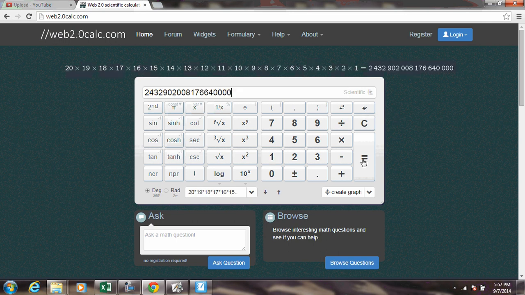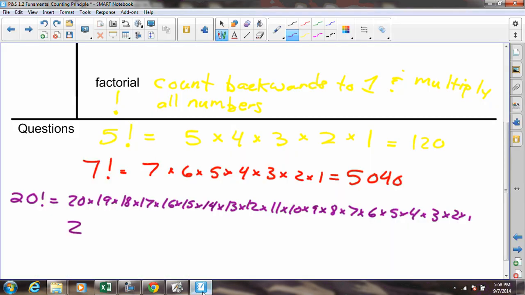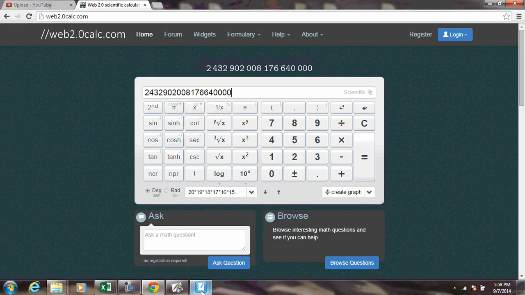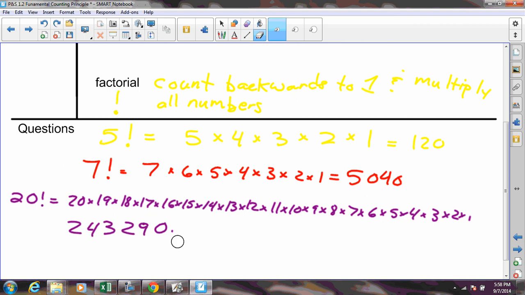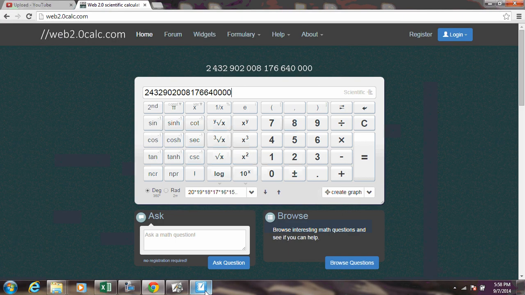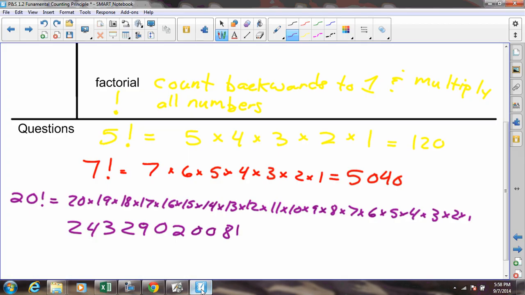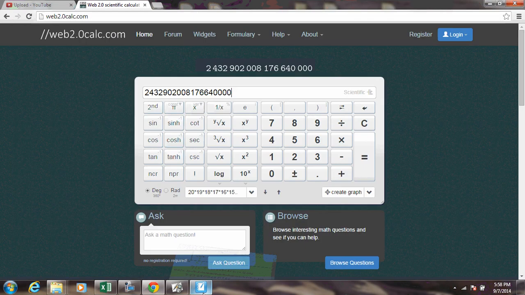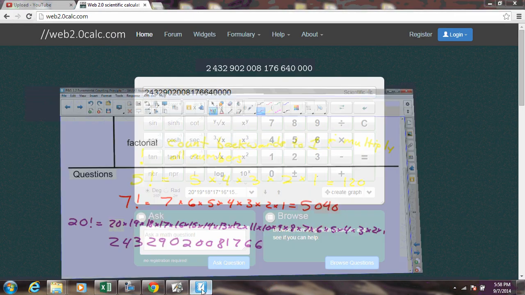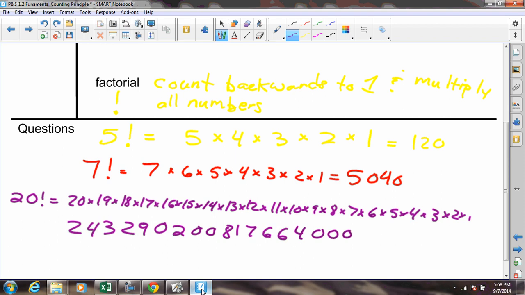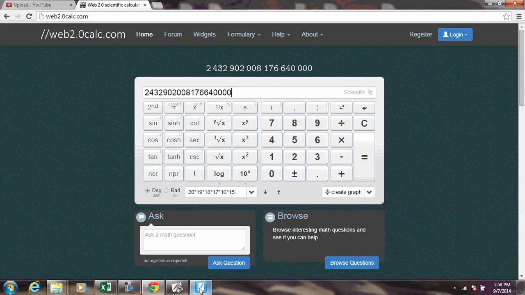And so when I hit equals, here we go. 2, 4, 3, 2, 9, and then it was 0, 2, 0, 0, 8, 1, 7, 6, 6, 4, 0, 0, 0, and one more 0.